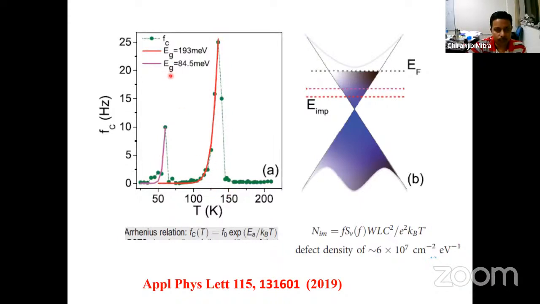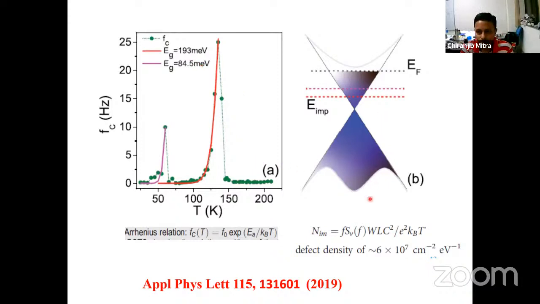When we fitted them to the Arrhenius formula, the activated behavior, we got one to be 193 meV and another to be 84.5 meV.